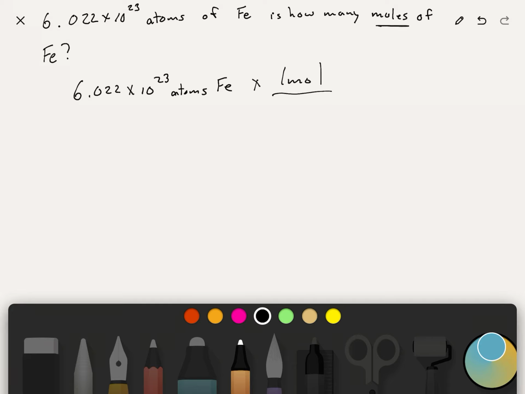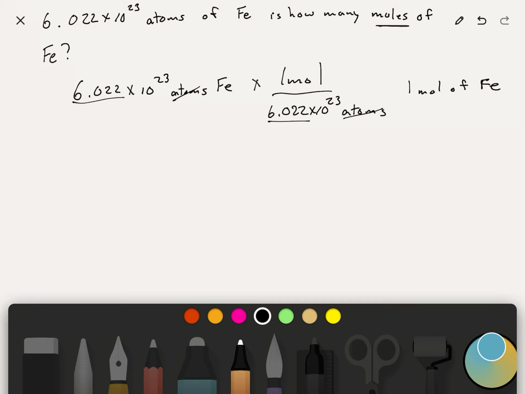We want moles this time, so we're going to multiply by 1 mole. Every 1 mole has 6.022 times 10 to the 23rd atoms. So our atoms will cancel out and we'll end up with moles. Now I use the same number here, so we're going to find that we have 1 mole of iron.